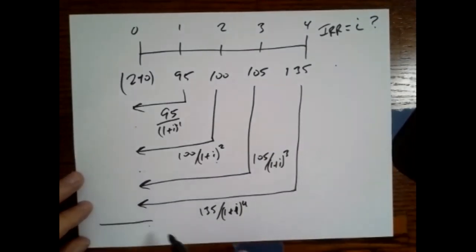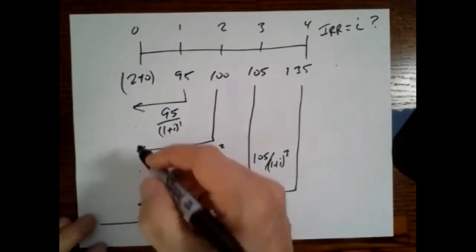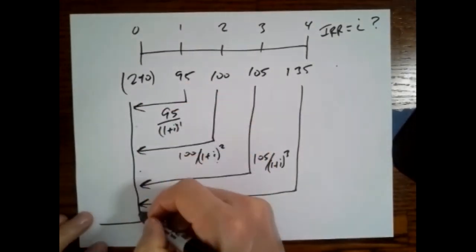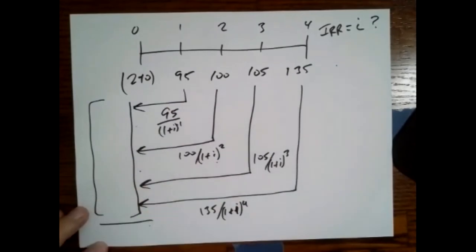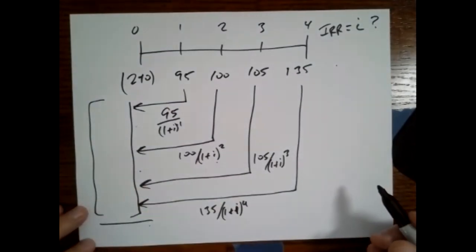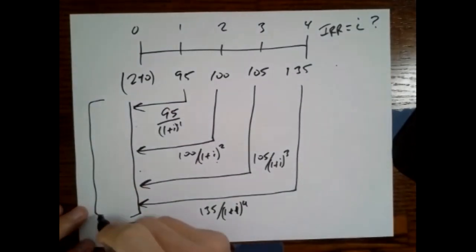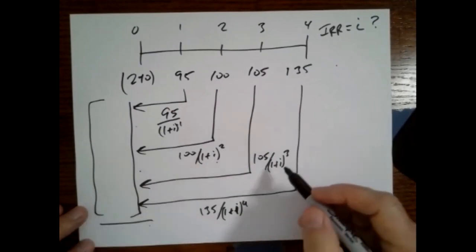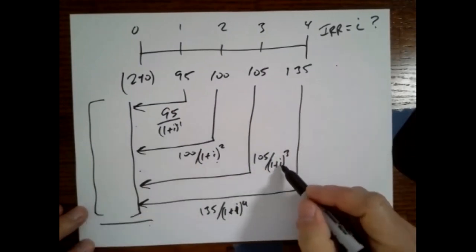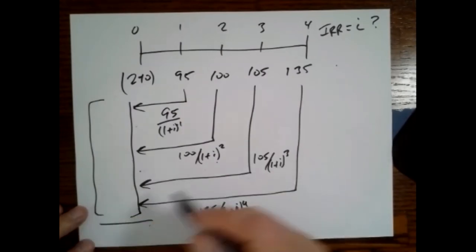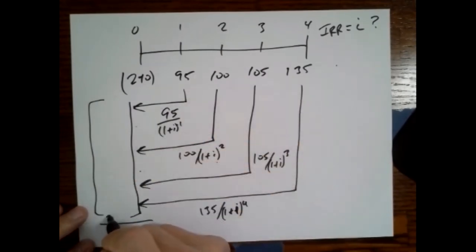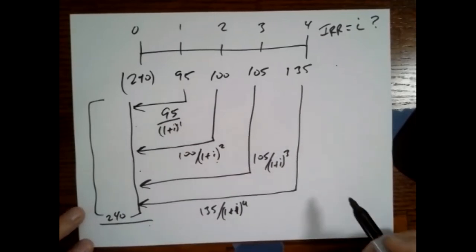And I'm going to add all that up, right? I'm going to add all these up. And my goal is that I want to set I, this unknown interest rate, such that when I add all these things up, it adds up to 240,000.